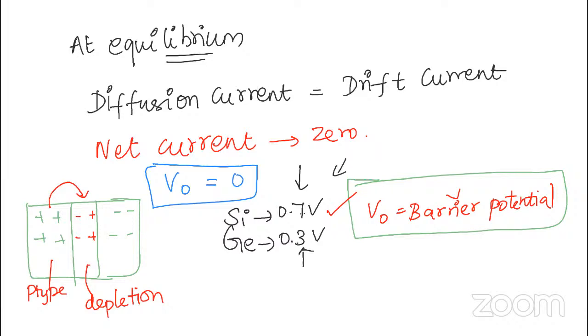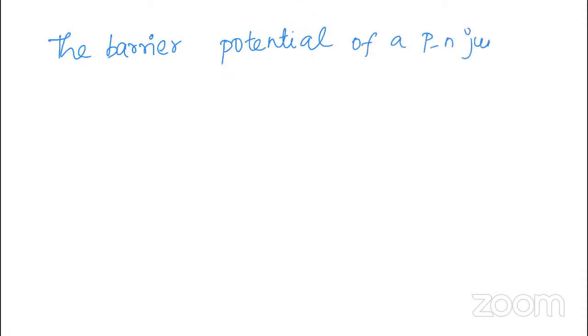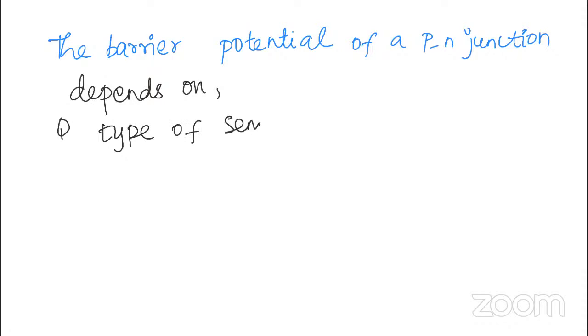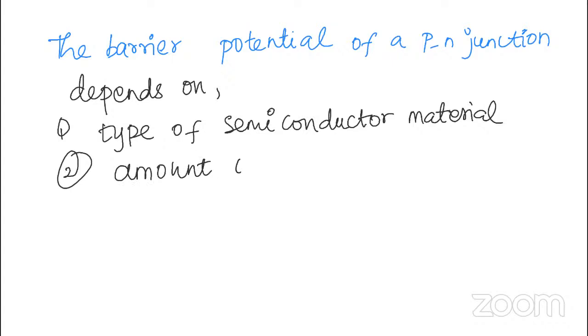So that is the next question now. Here they asked one question in previous years. The barrier potential of a PN junction depends on: first, the type of semiconducting material; second, the amount of doping; and third, temperature.